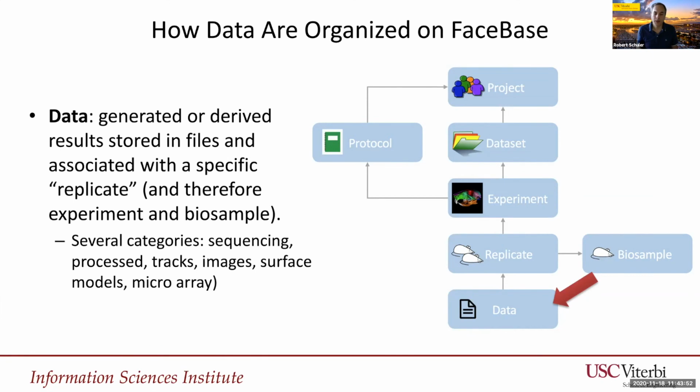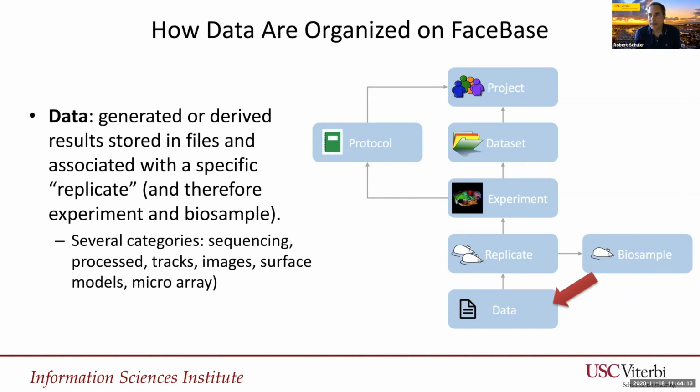They're all generally related to a replicate, which gives us the relationships to the biological material and the particular experimental procedure. And then, of course, the overall data set that it was a part of. And moving forward, more and more information about the protocols that were used there.